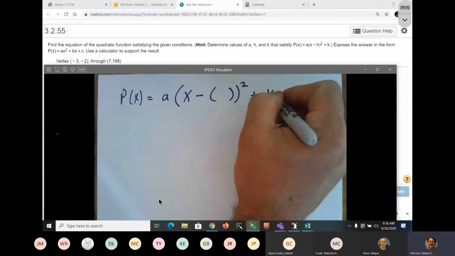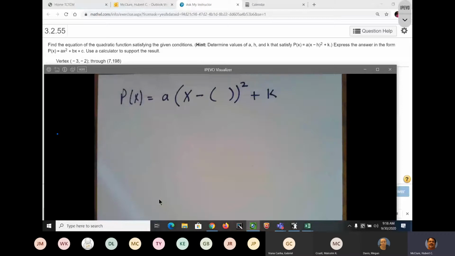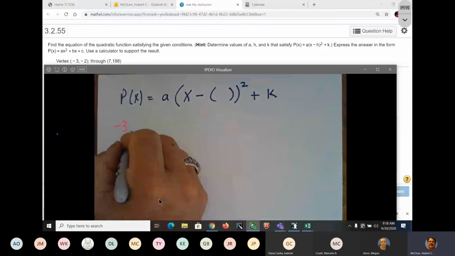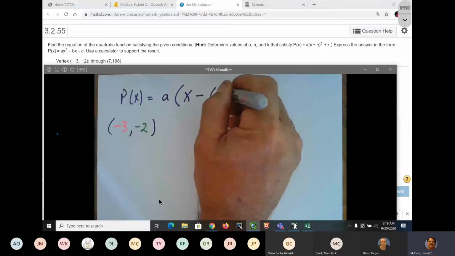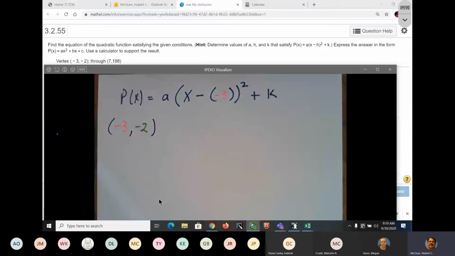I'm going to put -3 right here, comma, and -2 right here. And they're different colors. And that -3 goes right here, and that's supposed to be parentheses. I don't know why I wrote K there. Okay, and that's going to be -2.